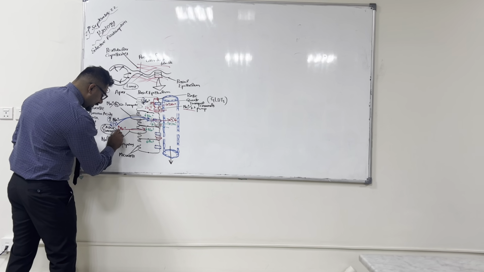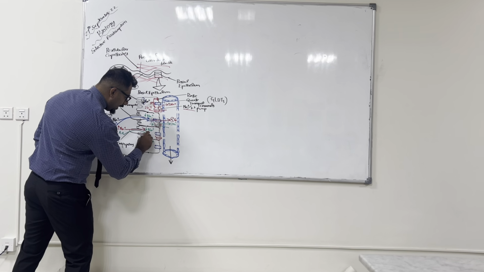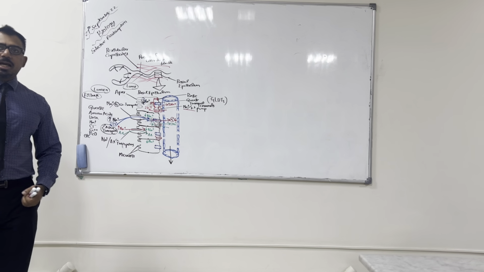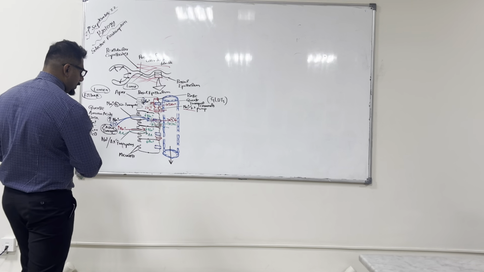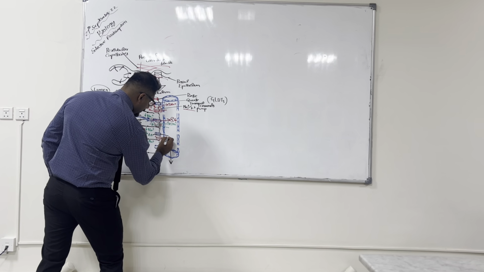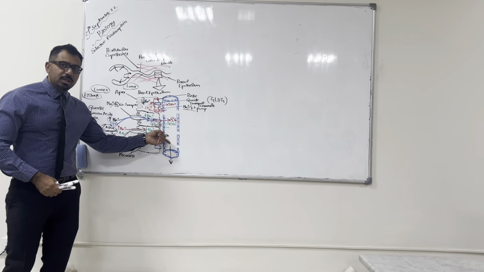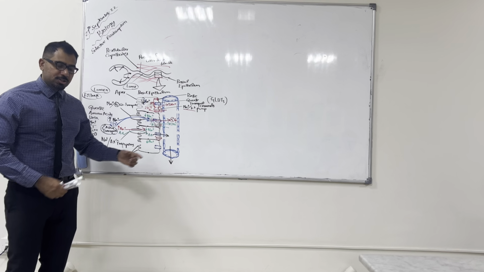The amino acids, I am writing AA, they will tag along, and amino acids will come where? Into the cytoplasm of the basal epithelium. And when they come into the cytoplasm, these amino acids, through their channels, will enter where? Into the blood plasma, from higher concentration to lower concentration.